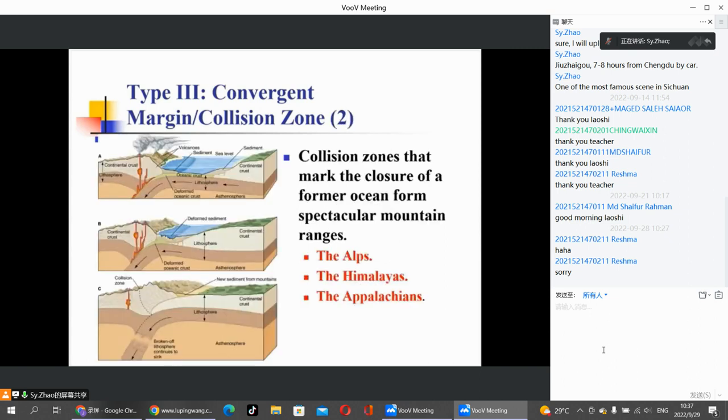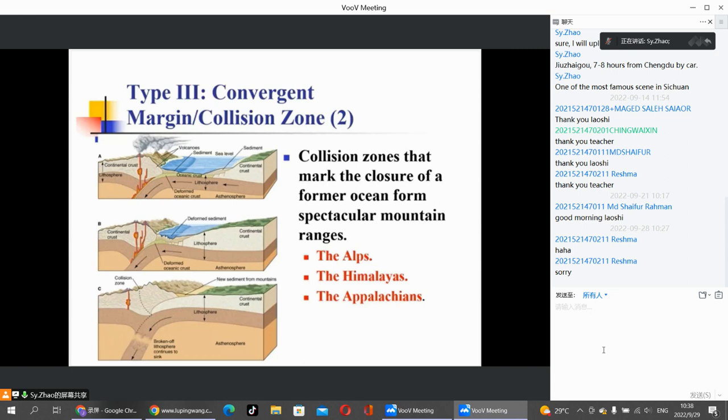And the telescoping of the two plates and the buoyancy of the subducting continent eventually lead to a standstill of subduction within the collision zone. And the oceanic part of the subducting plate tears off and continues to drop down, a process referred to as slab break-off.